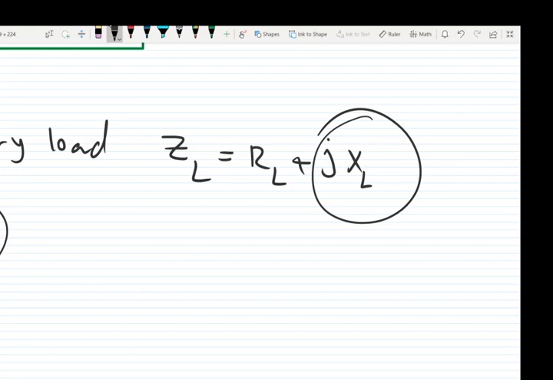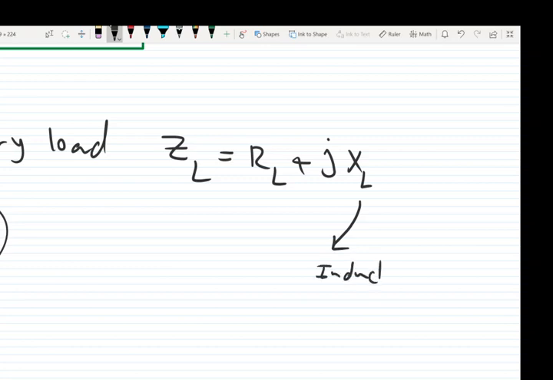If you remember, when we discussed equivalent impedances, I said that XL, the reactance, represents inductors and capacitors, and RL represents resistors.